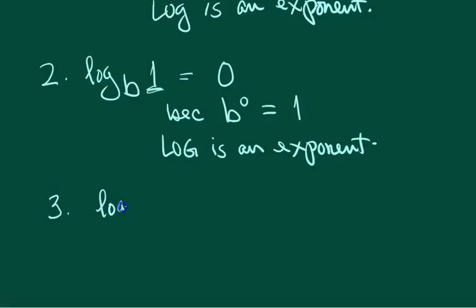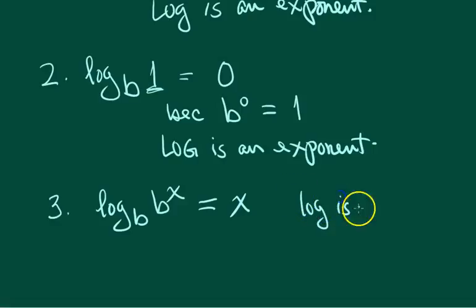The log base b of b to the x is x because log is an exponent. Okay, now there's something else important happening here. We have a log function that has an exponential function inside.